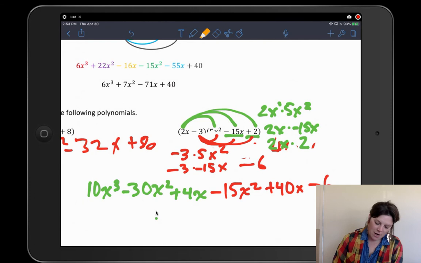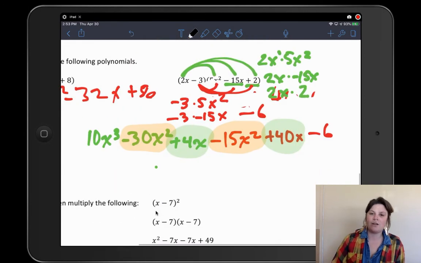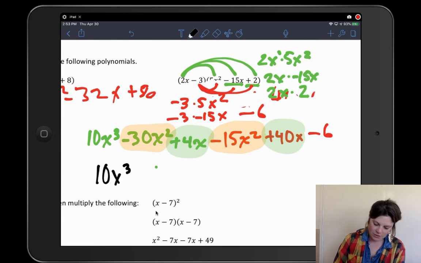Now, the tricky part is that you have to look for like terms to combine. So the x squareds are going to get combined, and then our 4x and our 45x are going to get combined. And then just like before, the people on the end are loners. They don't get combined. So 10x to the third, negative 30 and negative 15 add up to negative 45.